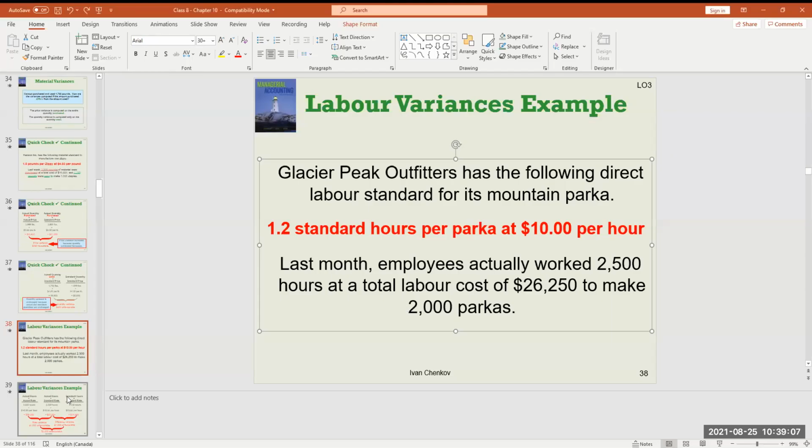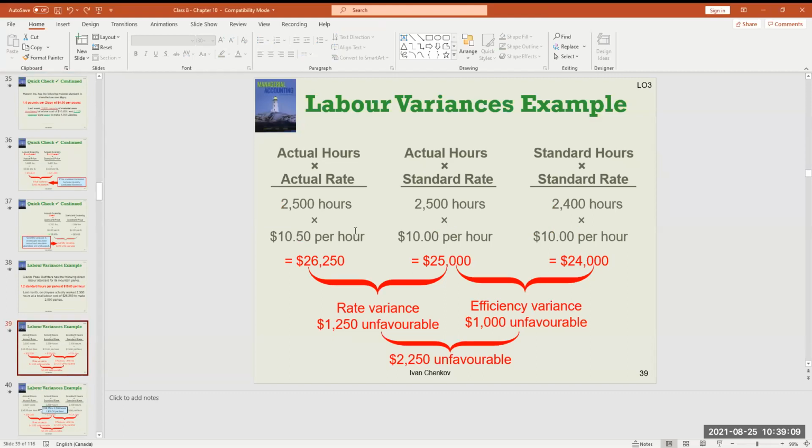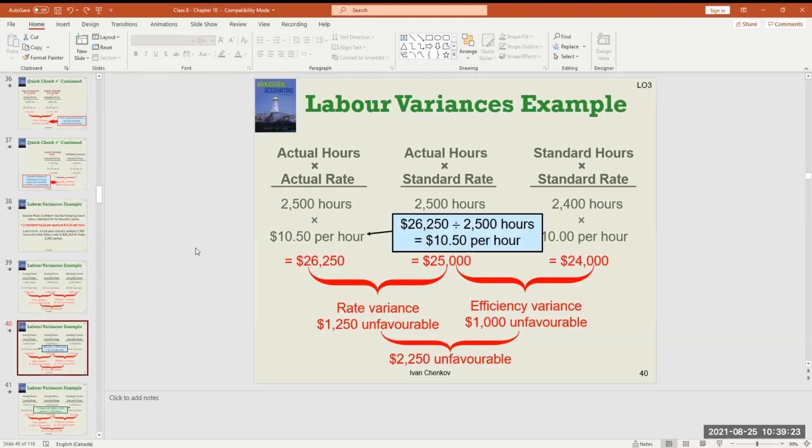Don't worry about it. So the chart that we did: actual hours are given, actual cost is given. We're using the actual hours and the standard rate, which was given to us. The next thing left is to get the actual rate. We get it from the actual cost divided by the actual hours.